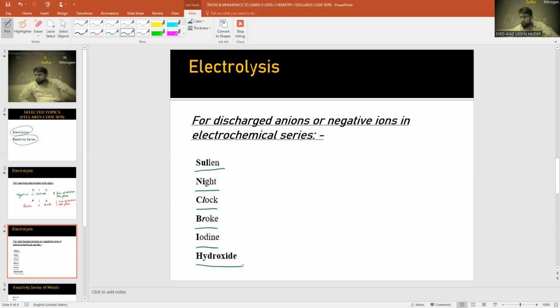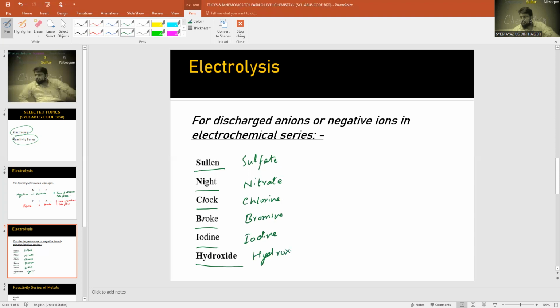Selen is for sulfate. Nite for nitrate. Clock, chlorine. Broke, bromine. Iodine, hydroxide.